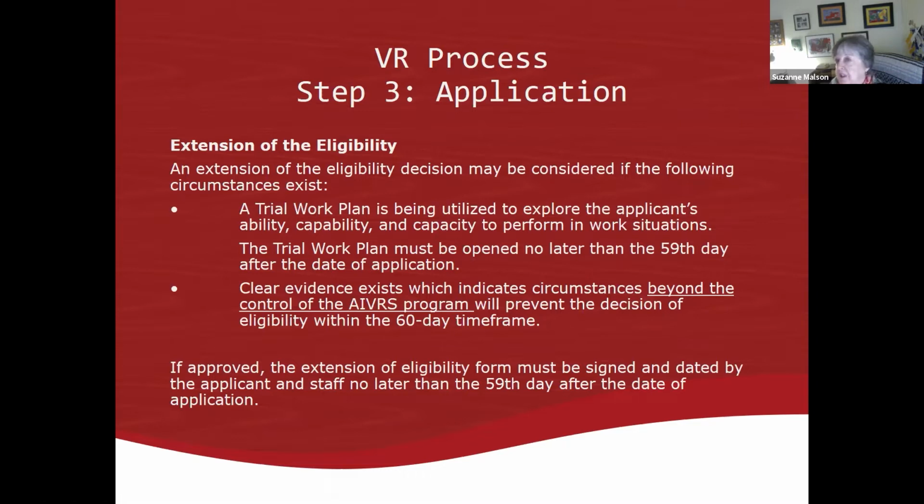And we must have clear evidence. It cannot be blurred. It must be clear evidence that really states the qualification of this person that is seeking services from your AVERS program.